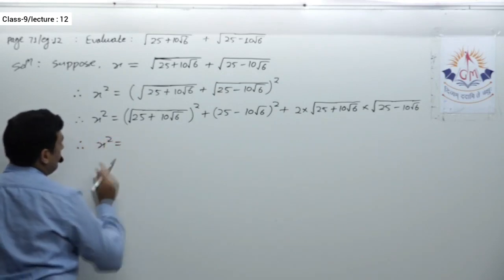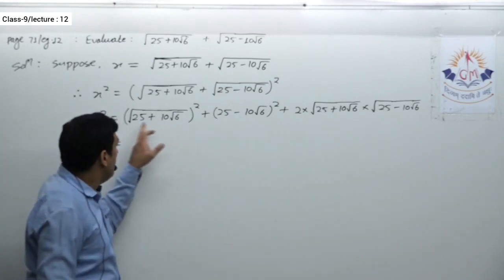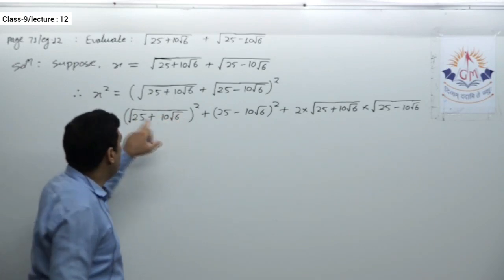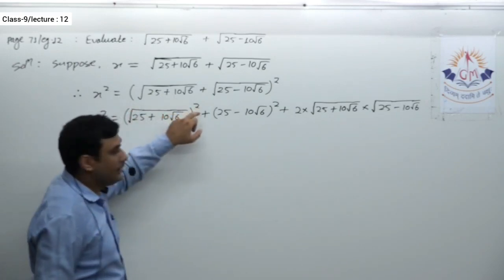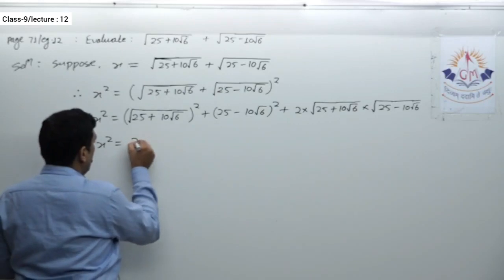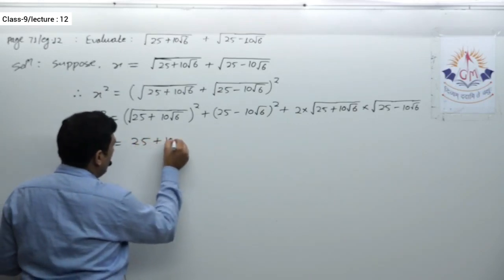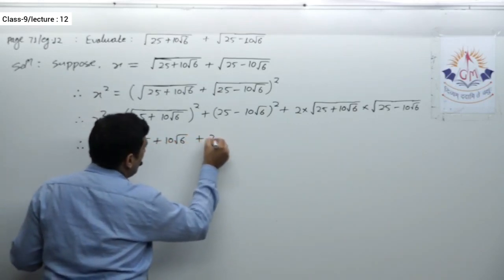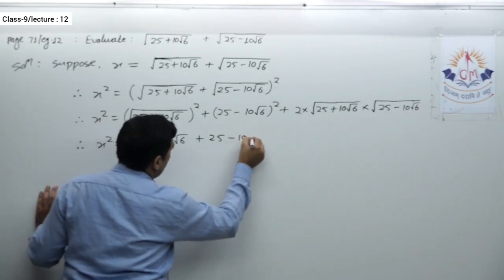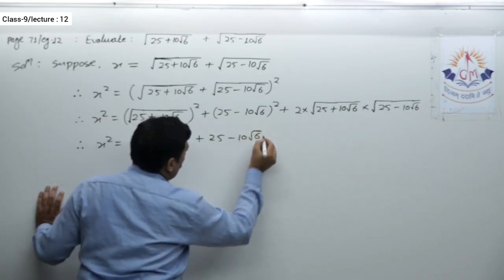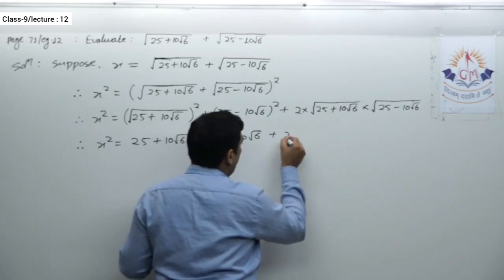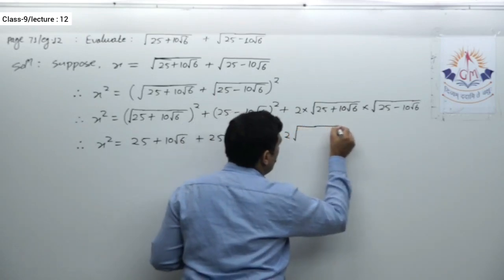When I square a quantity which is already in root, the root sign and the square cancel out, so I'm left with 25 plus 10 root 6. Similarly here I get 25 minus 10 root 6. And this 2ab can be written in this way.